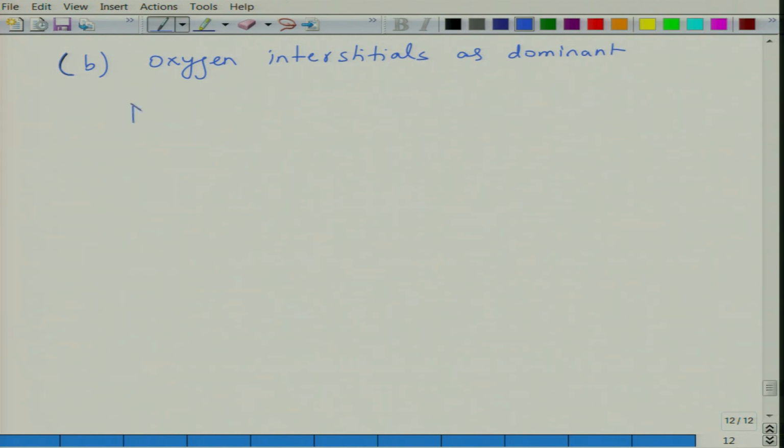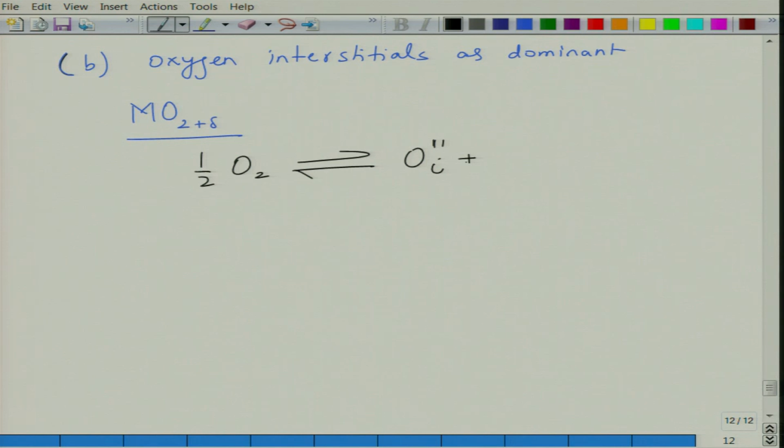Then the oxide is depicted as MO2+δ, this is the form, and the oxygen interstitial basically comes from half O2. So, oxygen does not go to oxygen site, rather oxygen goes to interstitial site. So, this will be negatively charged, you do not create any extra site. So, no metal vacancy has to be formed. So, instead it will be O_i'' plus 2h•, okay.